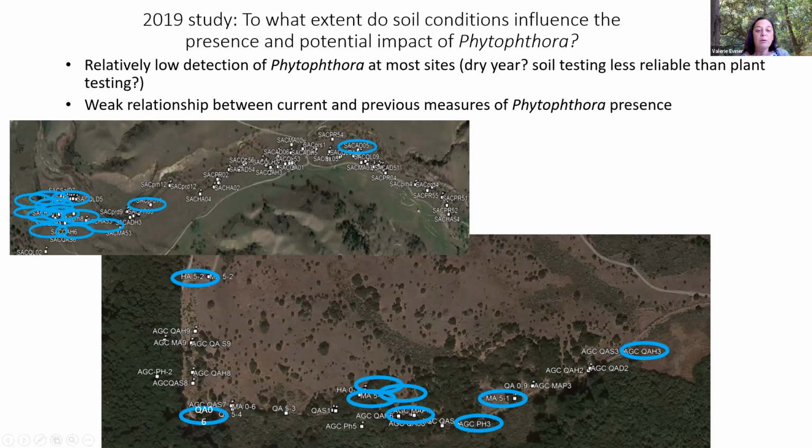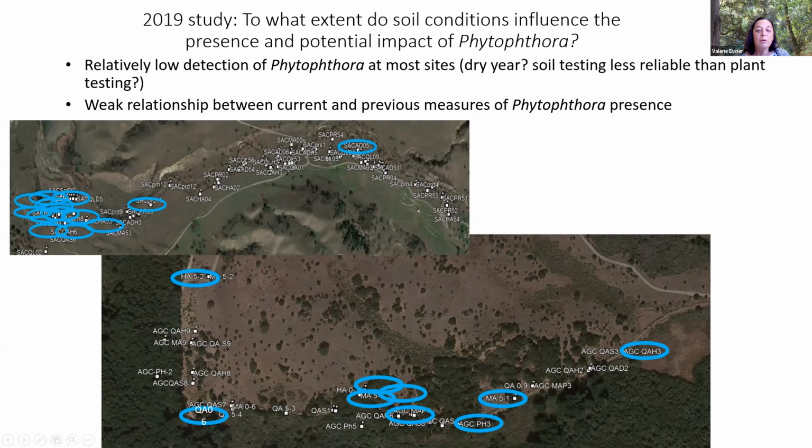This is a lot of work done by Valerie's lab as well as Phytosphere. And we pared down all of the Phytophthora that have been recovered in these areas to specific species of concern, and they involve Phytophthora cactorum, cambivora, megasperma, tenticulata, and crassimera.